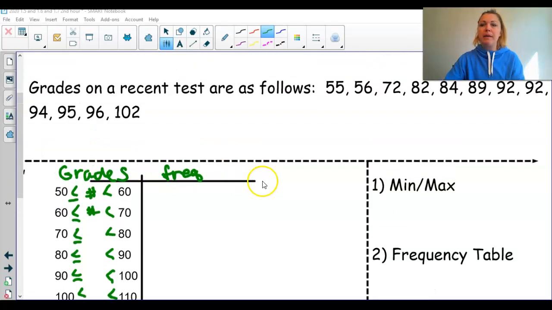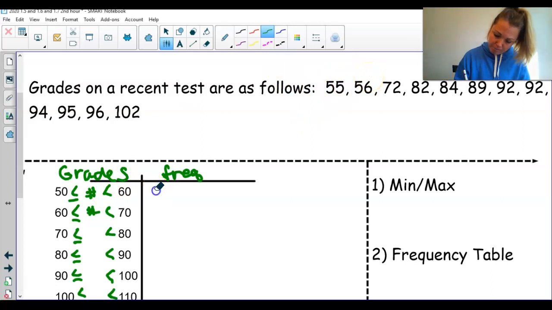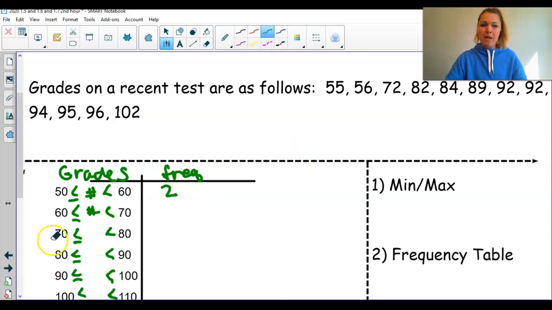Okay. Let's get counting now. We want to say how many grades were greater than or equal to 50, but less than 60. And I count 1, 2. So I'm going to write a 2 right there. Okay, now I'm going from 60 to 70, and we know we don't have any in that one. From 70 to 80. So 72 is right there.